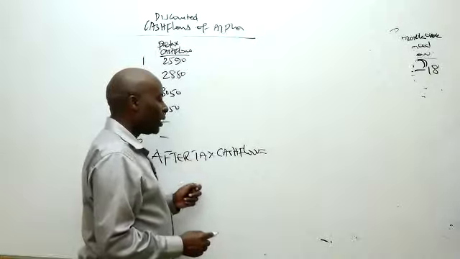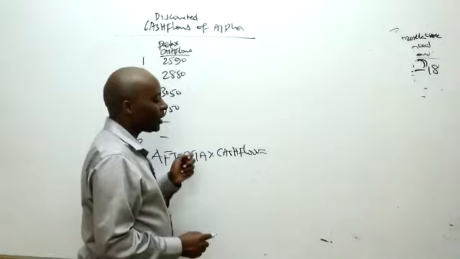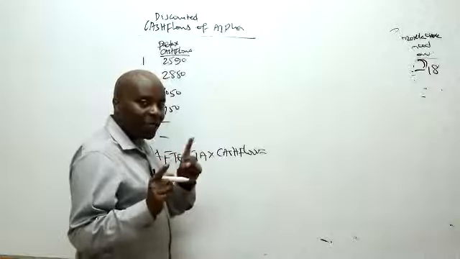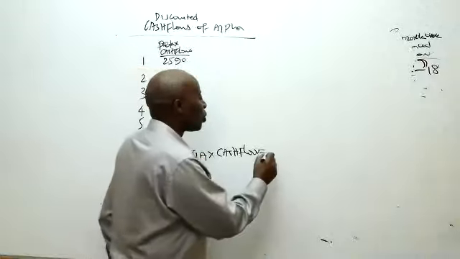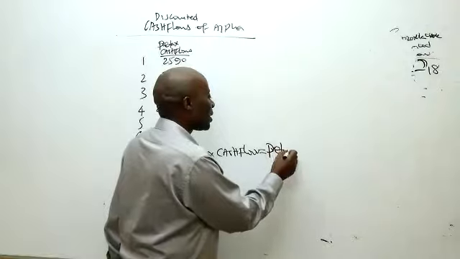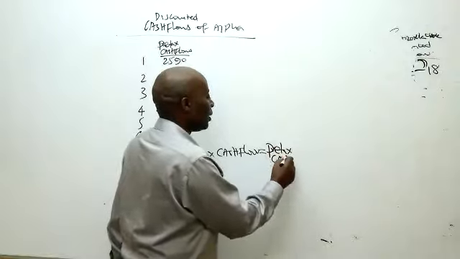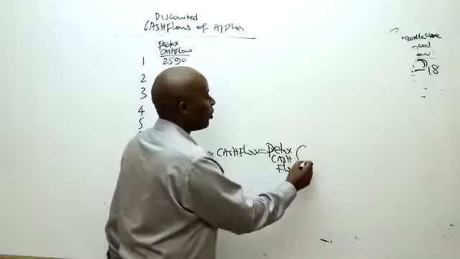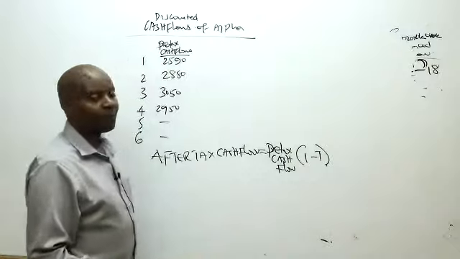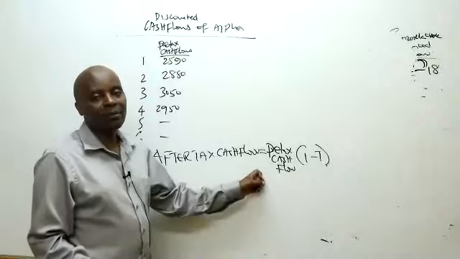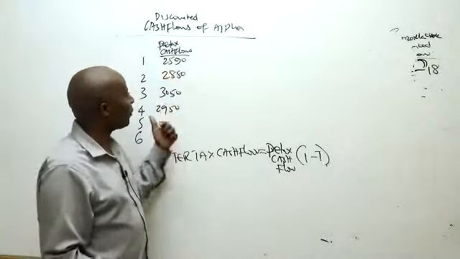How do I get this after-tax cash flow? There are no major adjustments you should ever do. You should always take the pre-tax cash flow multiplied by 1 minus taxation.